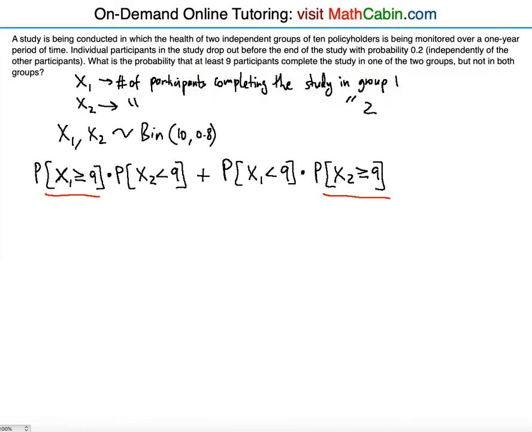Now let's try the first case. Since we're talking about binomial distribution for both, let's try to find this first.